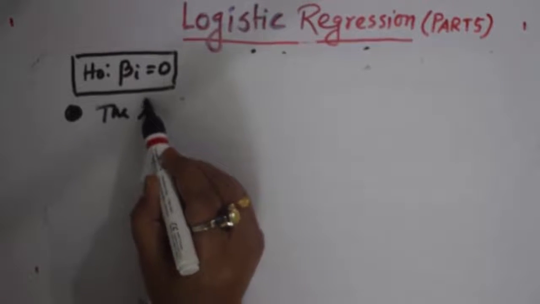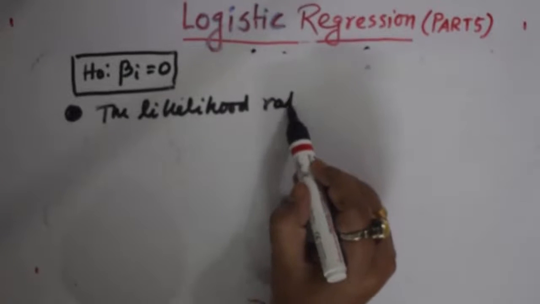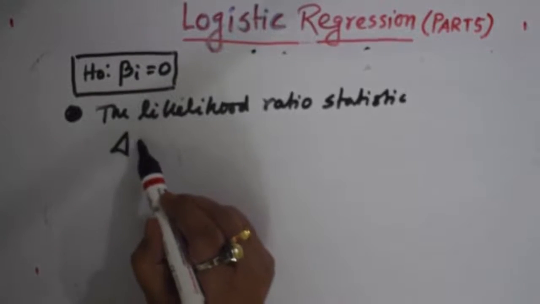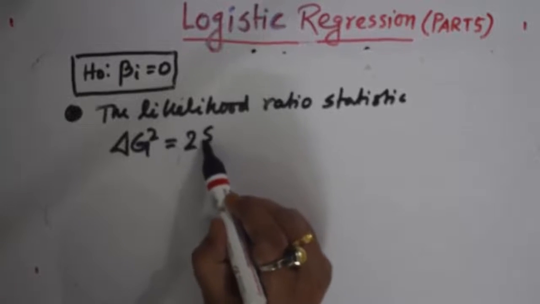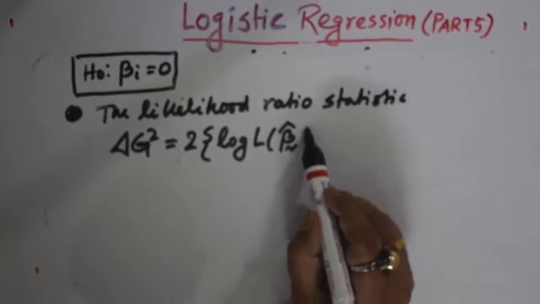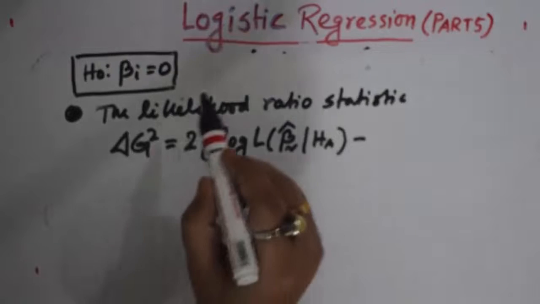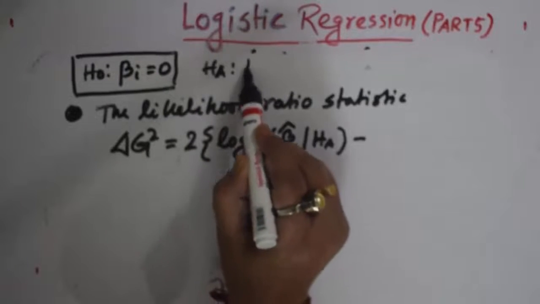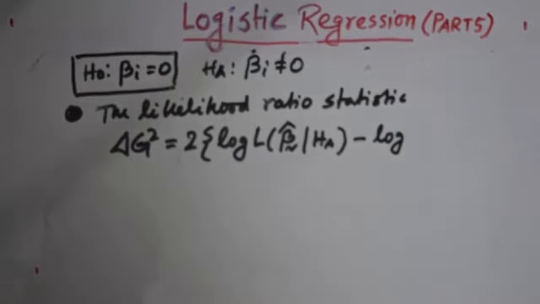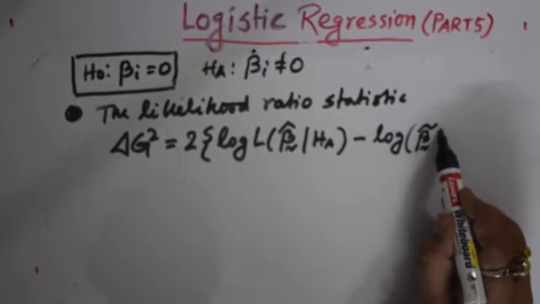Next, the likelihood ratio test. The likelihood ratio statistic, I denote it by delta G square, is 2 into log L of beta hat given the alternative hypothesis HA, where the alternative hypothesis here is beta i not equal to 0, minus log L of beta tilde given H naught.